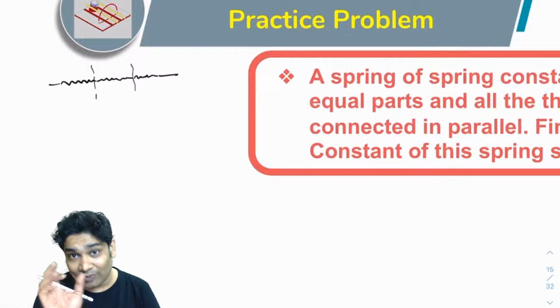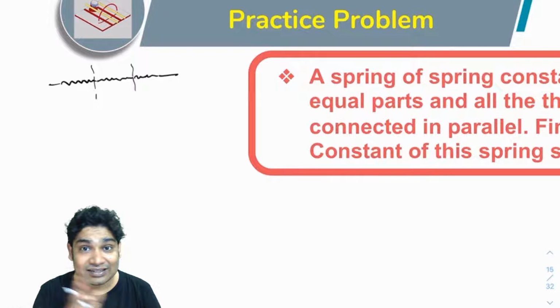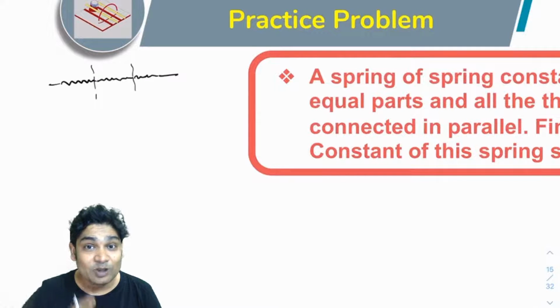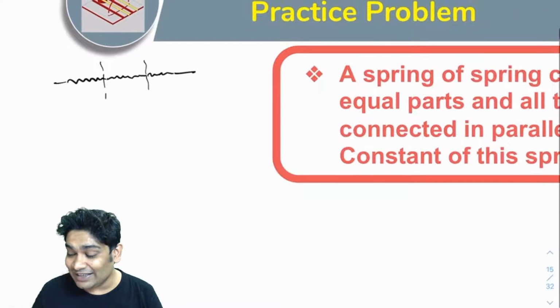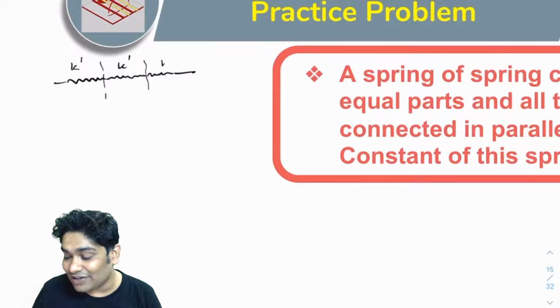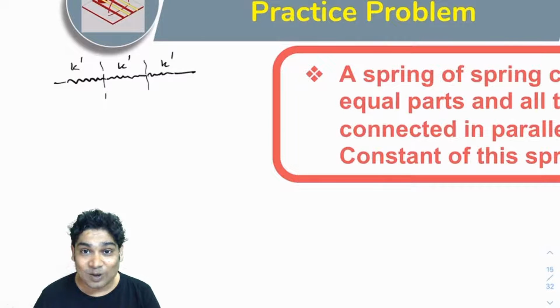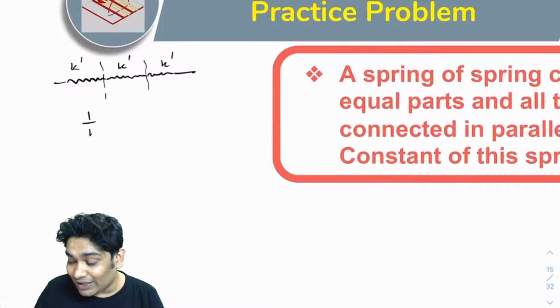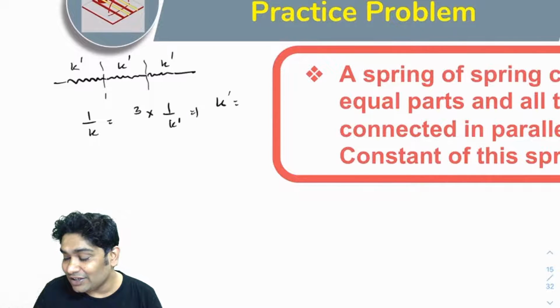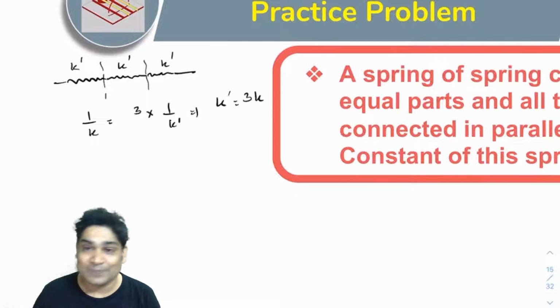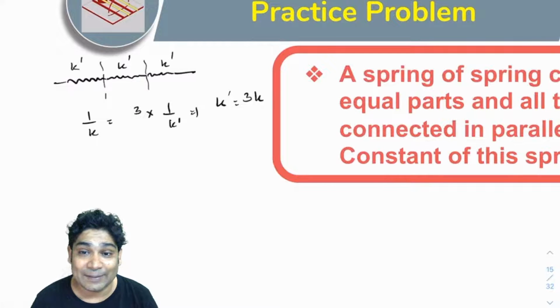Let's say that this has a spring constant K dash, this also will have K dash, this also will have K dash. Why? All 3 parts are equal. Now I know 1 over K is 3 times 1 over K dash. So from here you get K dash equals 3K. Every part will have a spring constant of 3K.